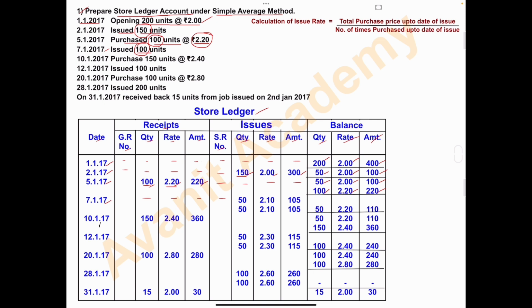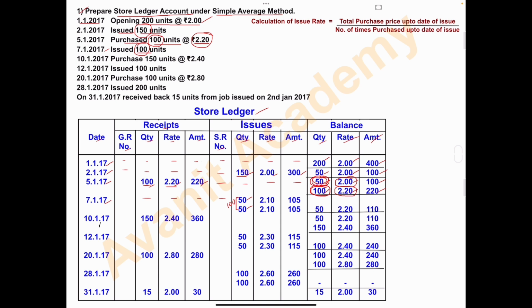One is 50 units, rate per unit is 2. Next is 100 units, rate per unit is 2.20. We have to issue a total of 100. So first let us issue the 50 units. Next there is 100, and from that 100 we have to take 50 units. We have to write the rate. So for rate what we have to do?